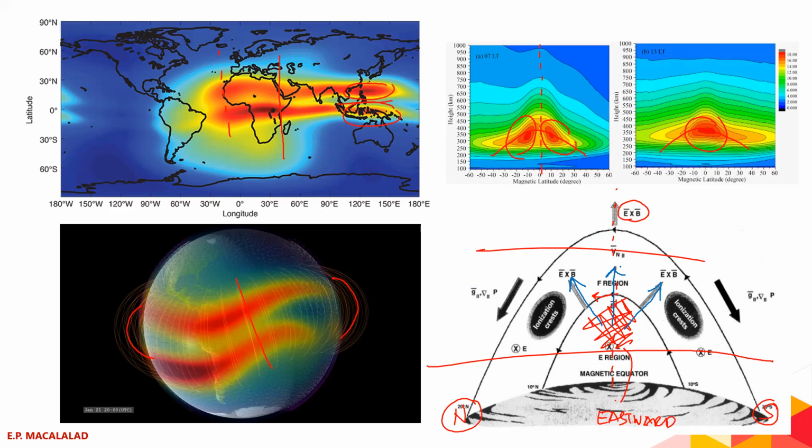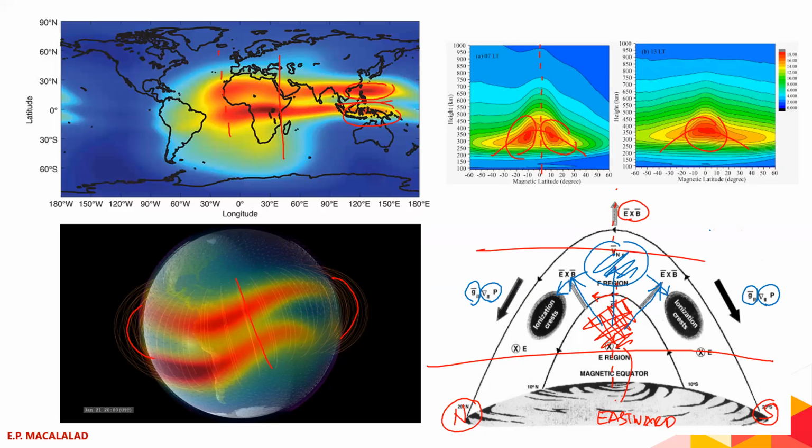Now, because this drift can only be so much, remember we have gravity forces and pressure forces, differences in pressure. So these ions will move upward. But because of gravity parallel to the magnetic field, this ionization will move here and here.